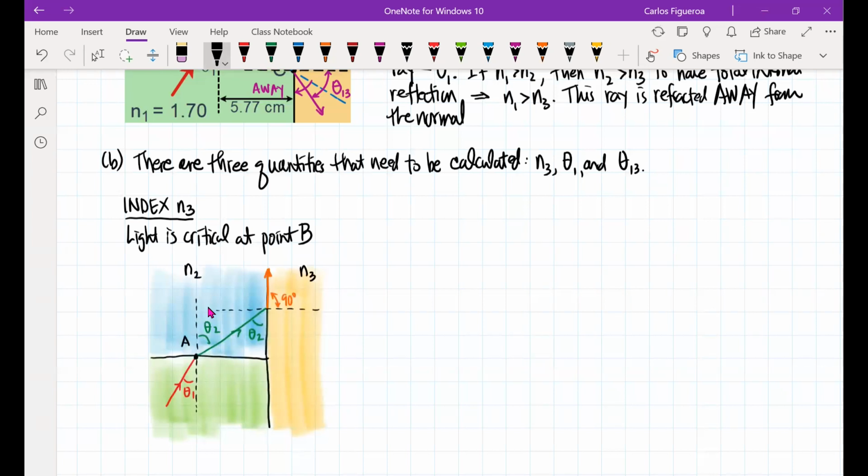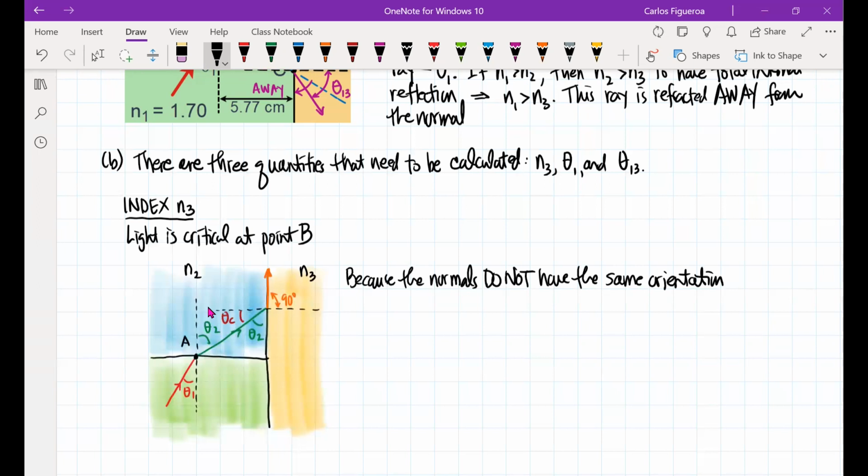And so what I'm seeing here is that the angle that we're really thinking about right here is this angle here, which is theta critical. Now, here's what you want to look at here. Because the normals do not have the same orientation, right?